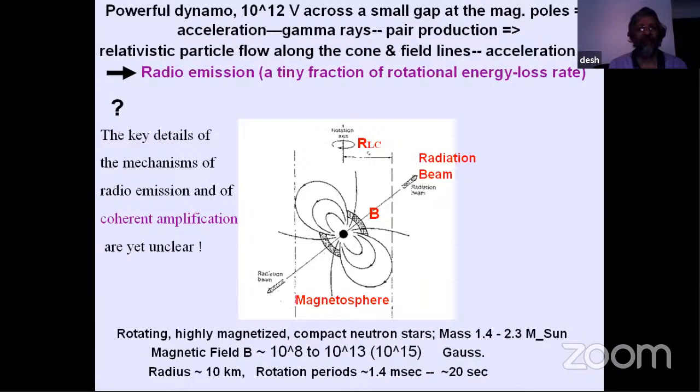There is a lot of scatter when you try to probe its dependence on the magnetic field and period by asking if it's the same fraction of the rotational energy loss. And there have been other models proposed where different trends are seen, different dependencies on the period and magnetic field strength.